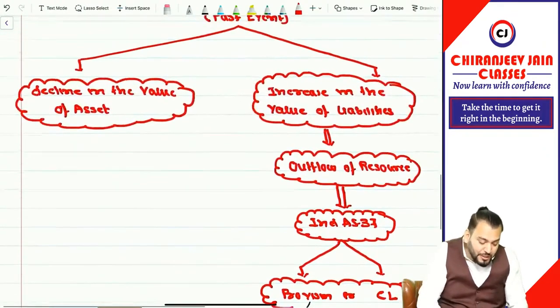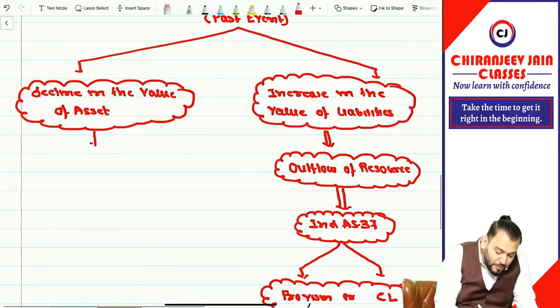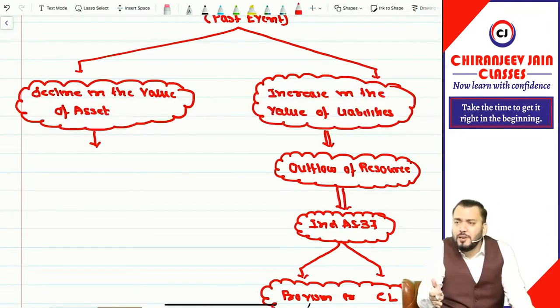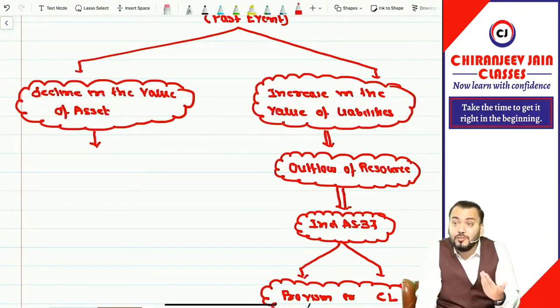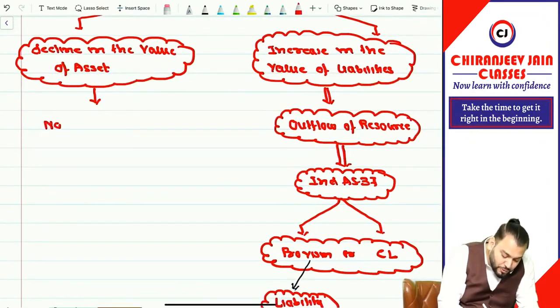But have you understood this much? Correct. Now coming to decline in the value of asset. When I am saying decline in the value of asset, it does not result in any outflow of resource. It will not result in any outflow of resource. So can I say no outflow of resource?